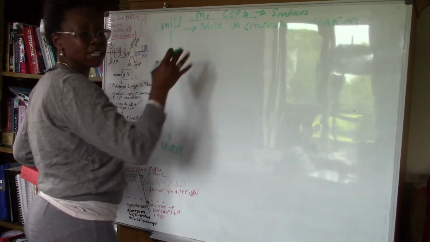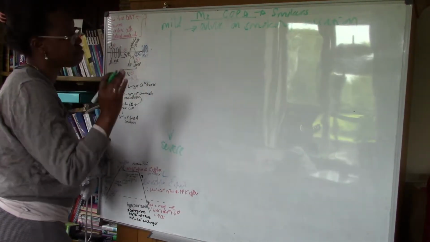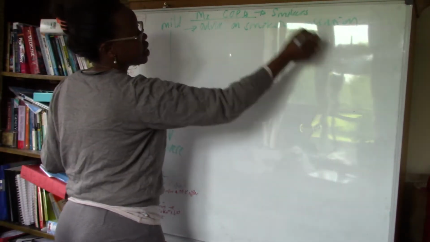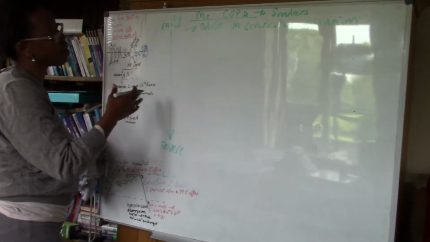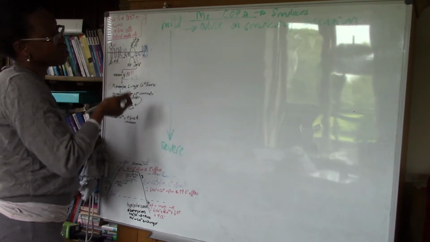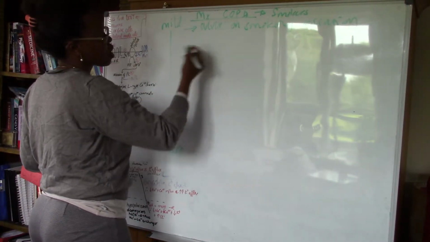So if the patient can be helped to stop smoking, then fantastic, then lung damage will stop occurring, and that will be managed, and that will be a job well done.